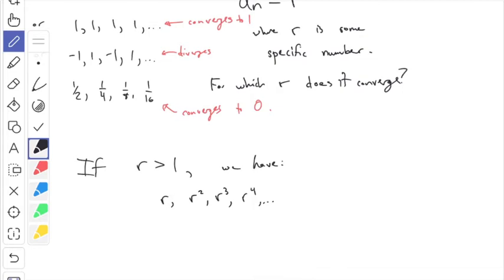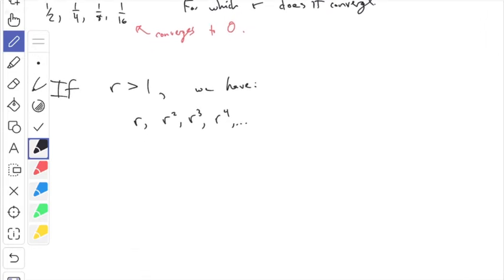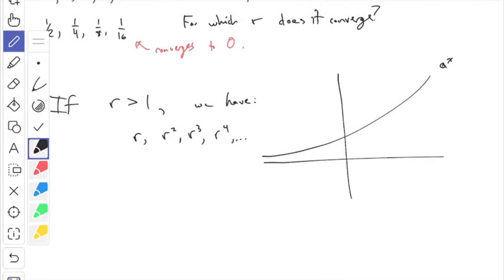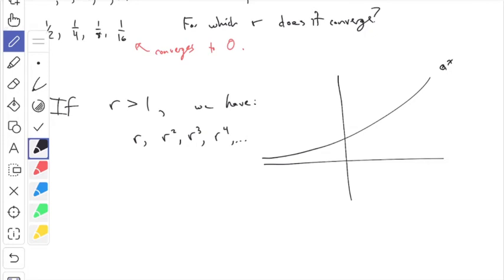This increases exponentially. In fact, this looks like the function a to the power x, where if a is a number that's greater than 1, then that function a to the power x looks like this. And this goes to infinity. This happens if the r is greater than 1.